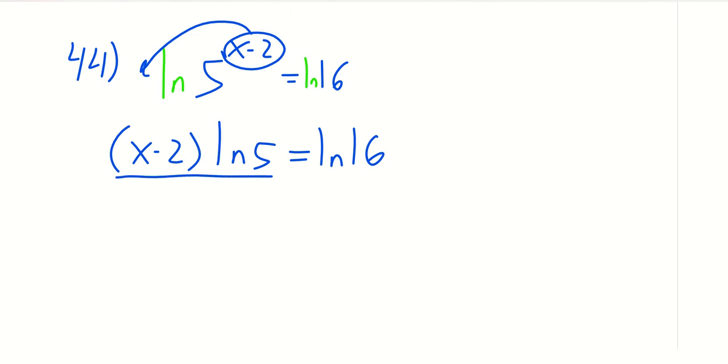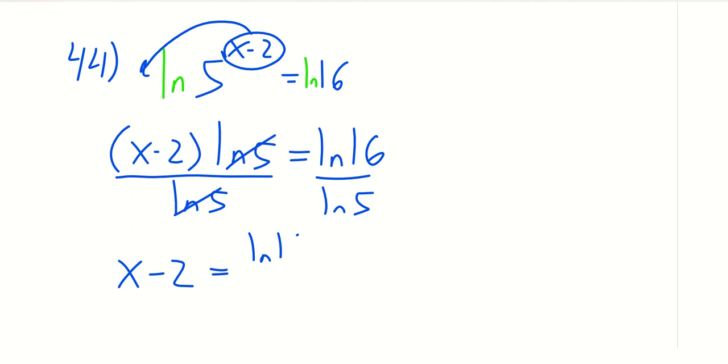The next step to kind of write this thing nice and neat is let's get rid of the ln of 5 by dividing both sides by ln 5 so that we get x minus 2 equals the natural log of 16 divided by the natural log of 5.